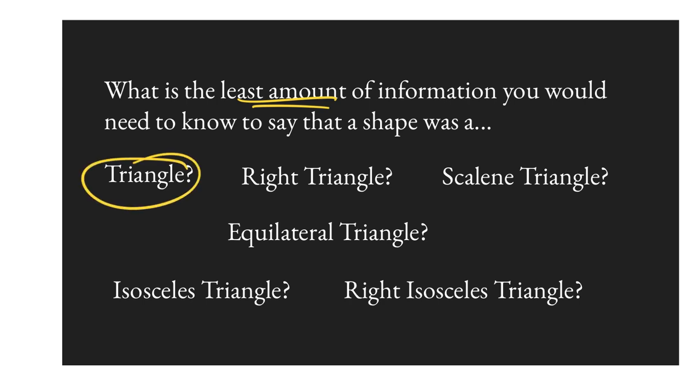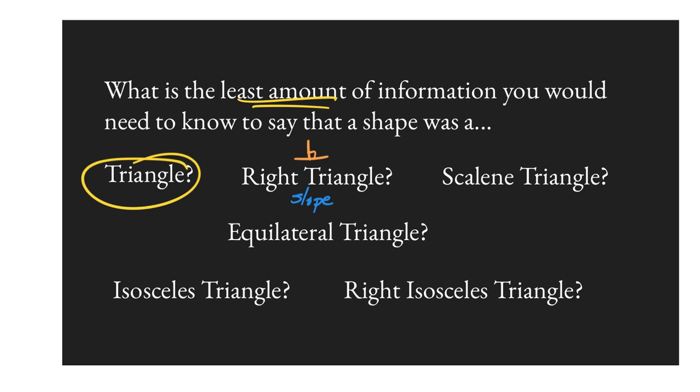What's the least amount of work you need to do to show that it's a right triangle? I hope we would say all we need is 1 pair of sides to be perpendicular. That means calculate your slopes. As soon as you see slopes that give us perpendicular sides, then you've proven it's a right triangle.